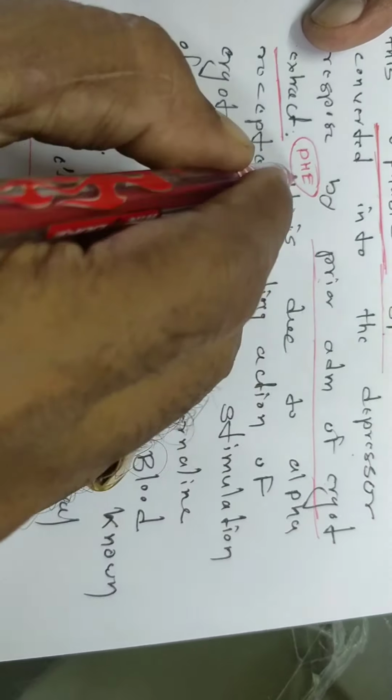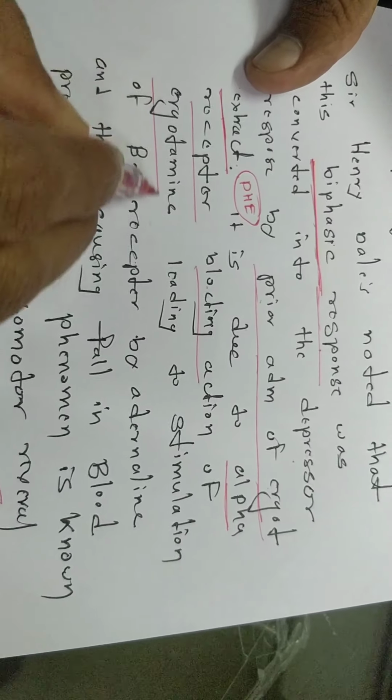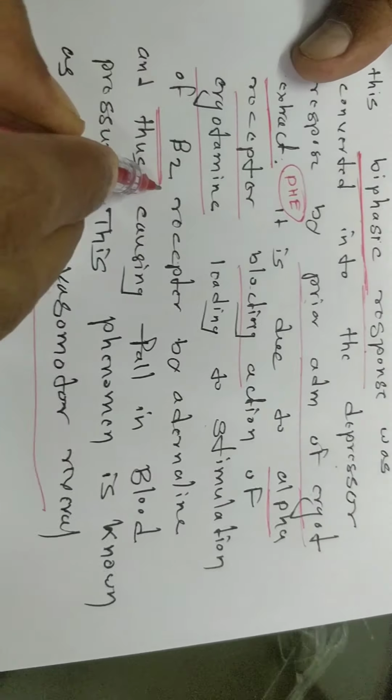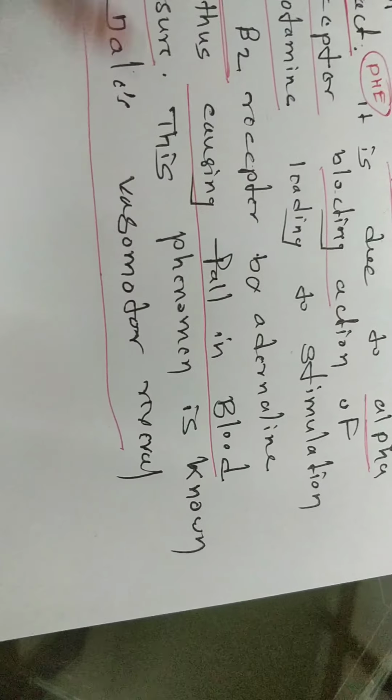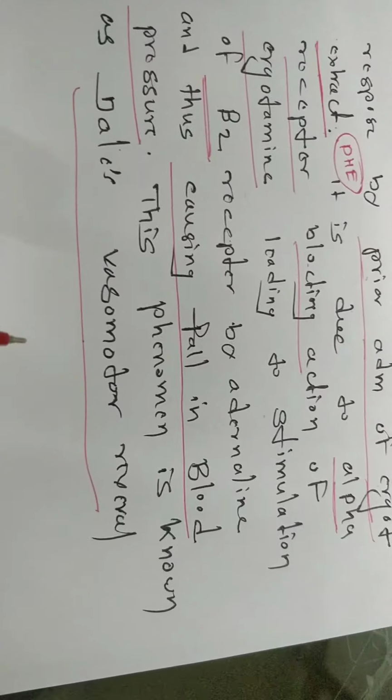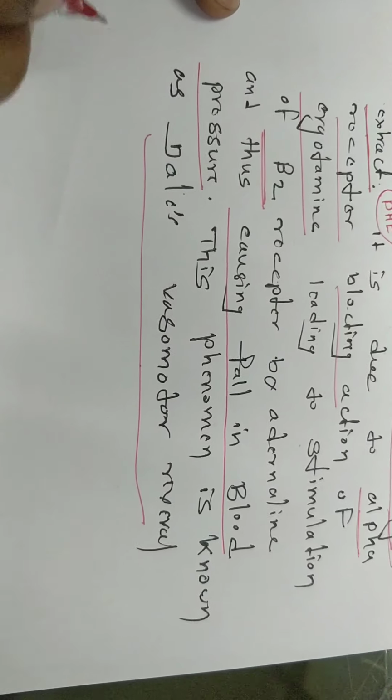Why? Because of the alpha receptor blocking action of ergotamine, which leads to stimulation of beta receptor, and then automatically the blood pressure falls. This phenomenon is known as Dale's vasomotor reversal.